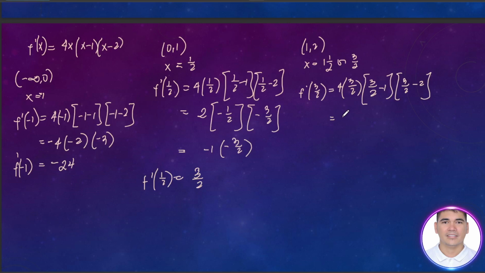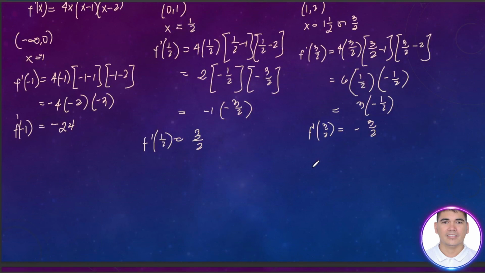So this is 6. 3/2 minus 1 is 1/2. 3/2 minus 2 is negative 1/2. So this is 6 times 1/2 times negative 1/2. The answer is negative 3/2.